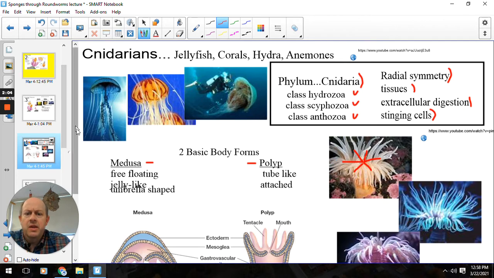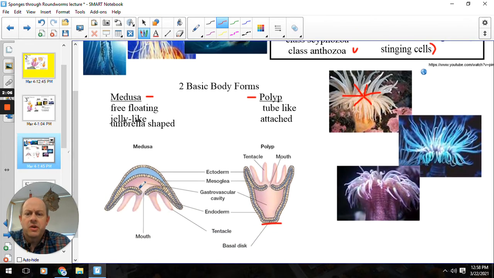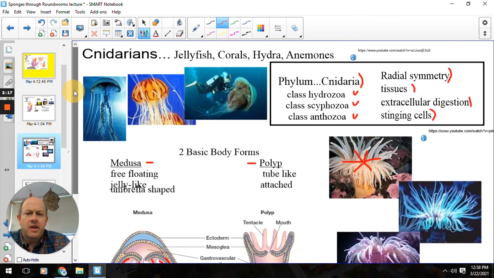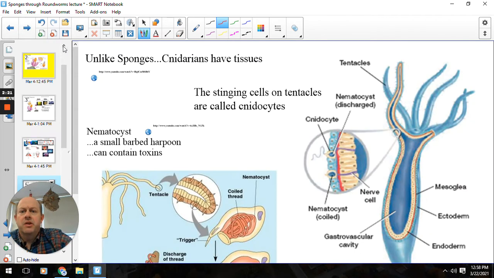And then our medusas are going to be free floating, and they're going to have the mouth down as opposed to up, and the tentacles hanging down. We call that the medusa body form. So that sets the stage for the basic traits of the phylum Cnidaria.